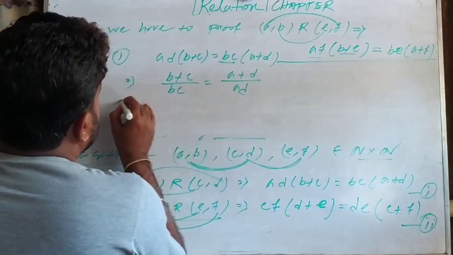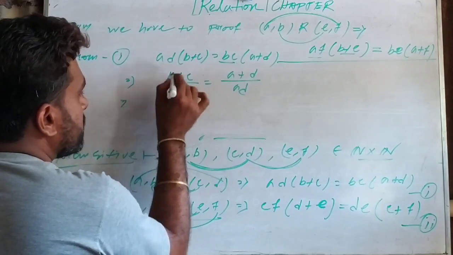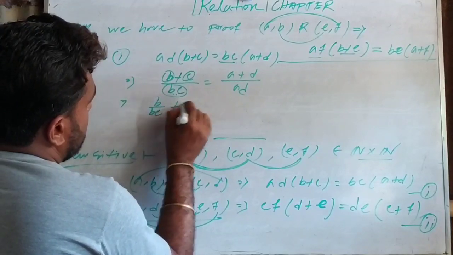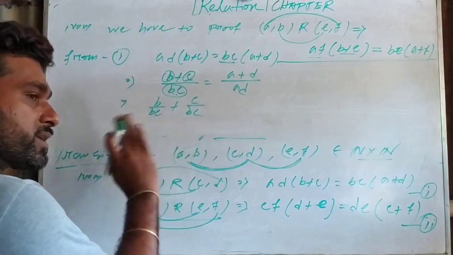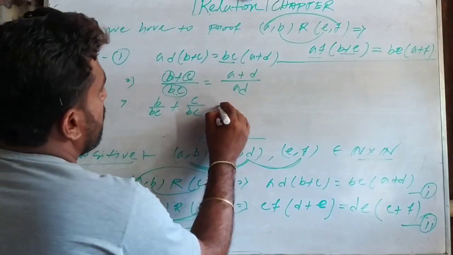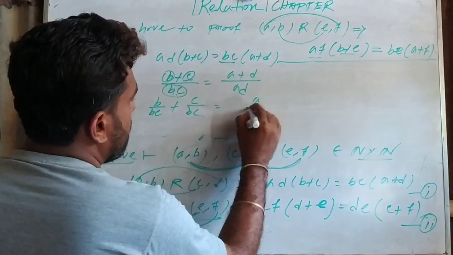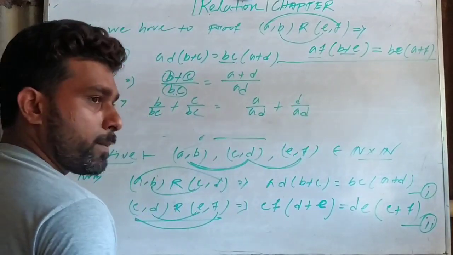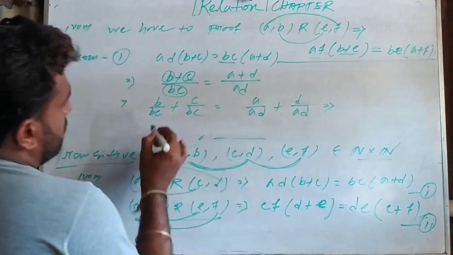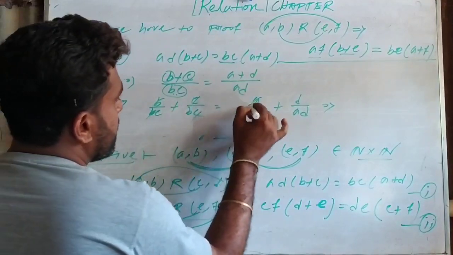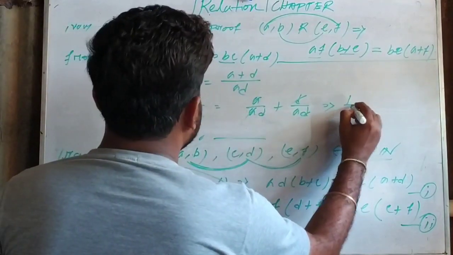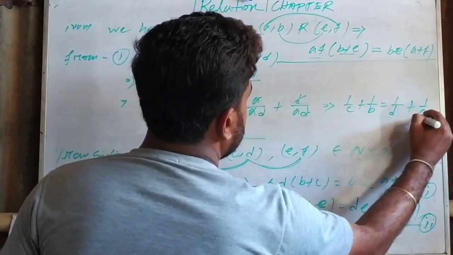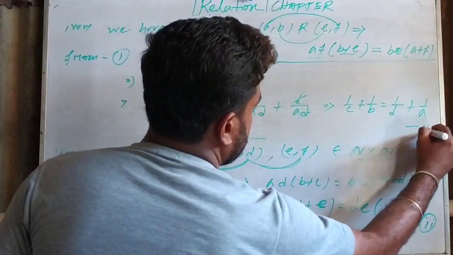Okay, so B by BC, C by BC, B by BC plus C by BC, हम लोग ऐसे सेपरेट कर सकते हैं. ओके, A by AD, B by AD. Okay, so I think BB cancel, CC cancel, AA cancel, and DD cancel. There is 1 by C plus 1 by B equals to 1 by D plus 1 by A. Equation number 3.